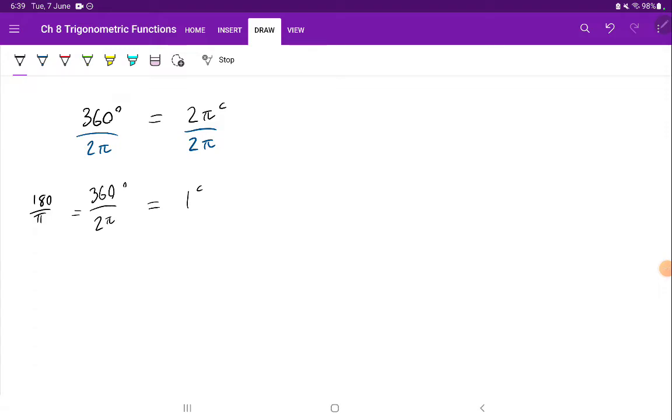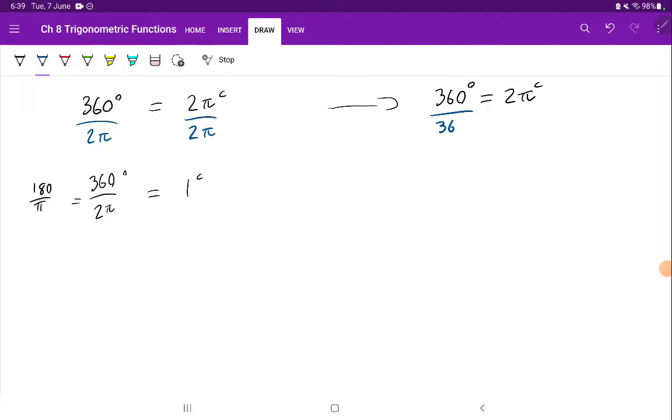Or if I instead had gone, well, 360 equals 2 pi. If I divided both sides by 360, well, then I'd get a conversion rate for converting from degrees into radians.